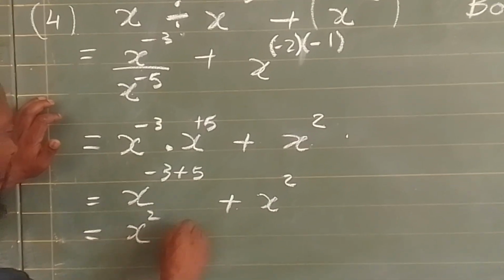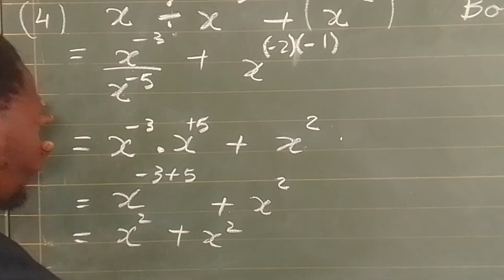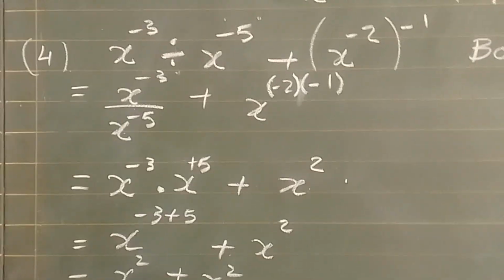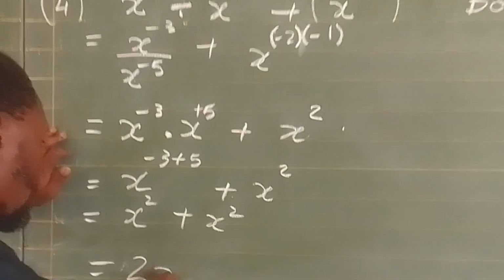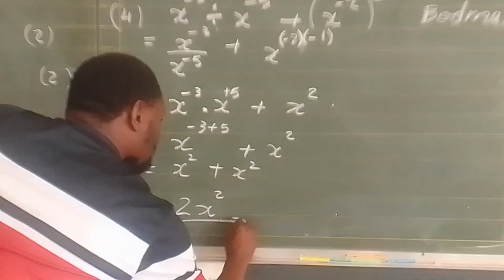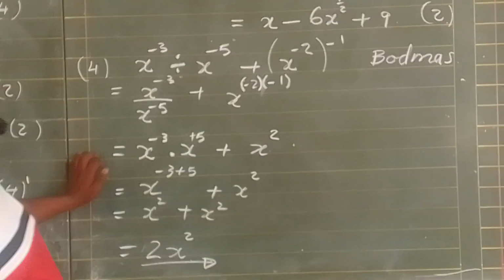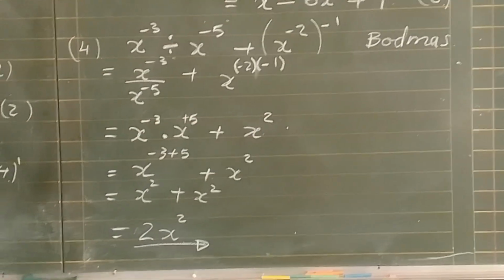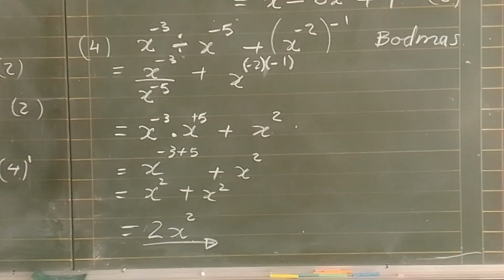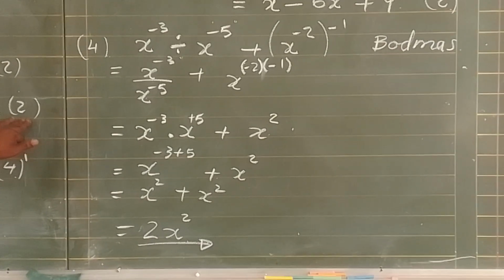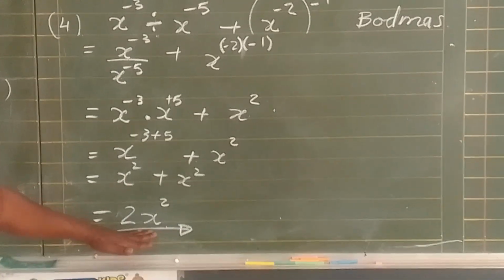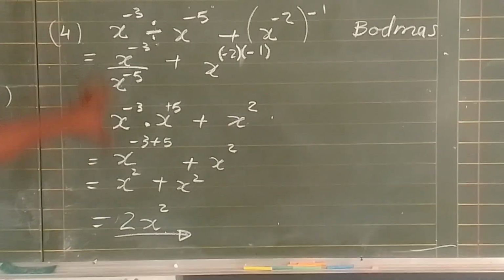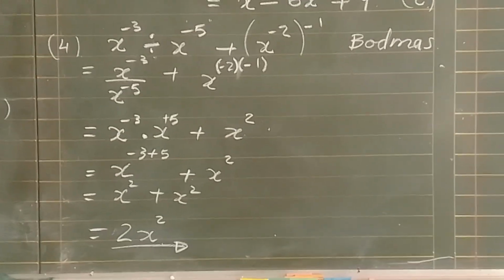So it's x squared plus x squared. You see, there are 2 like terms. X squared plus x squared is 2x squared. You are done. How many marks was this? This was 2 marks. You did not even have to waste 2 minutes. But all in all, if you practice, you are going to grasp this concept simply and easily.